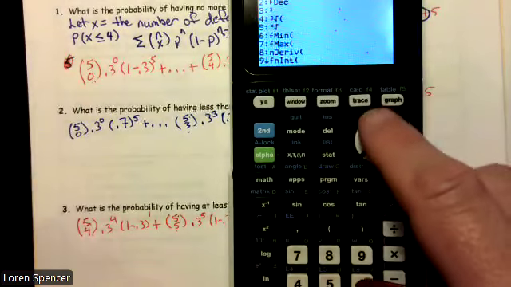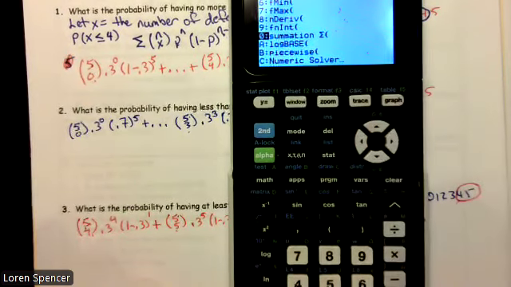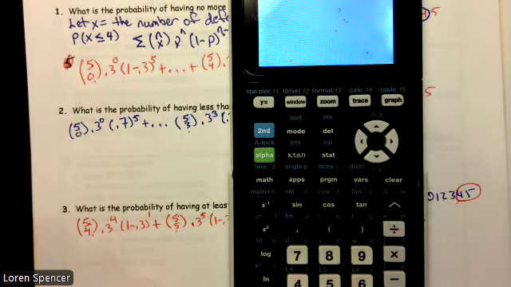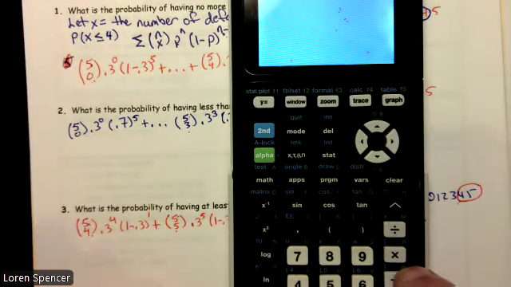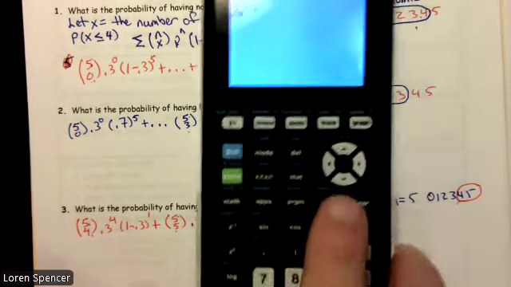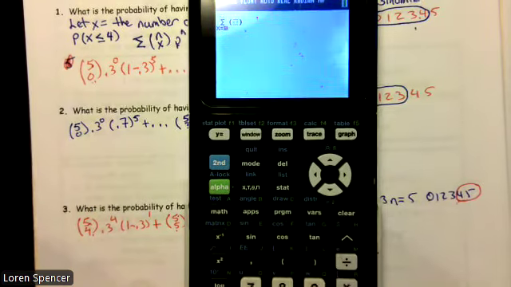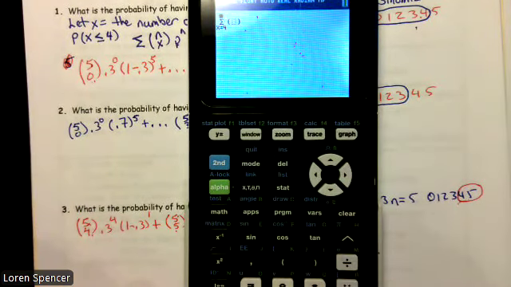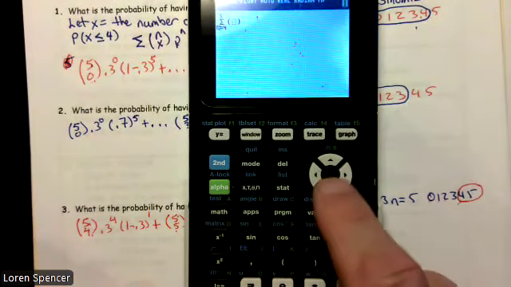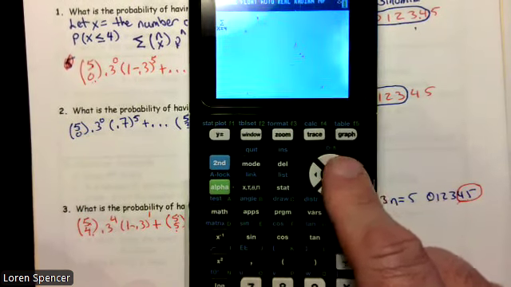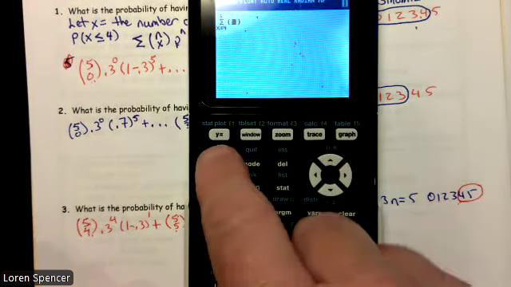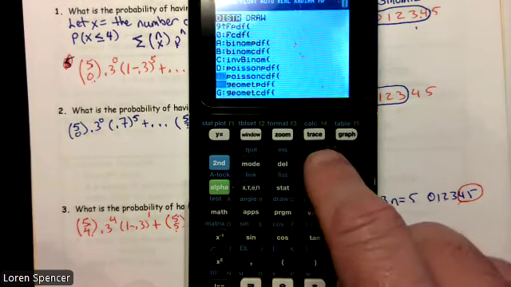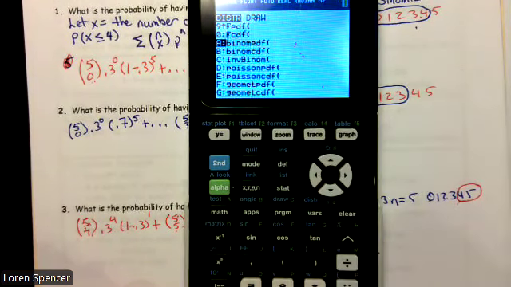Math. Arrow down to summation. Press enter. X equals our lowest value we circled, which was 4. Our highest value we circled was 5. Arrow to the right, second vars, binomial PDF.